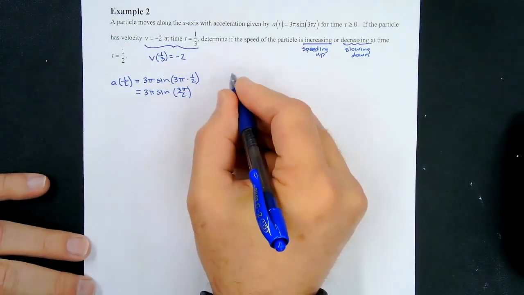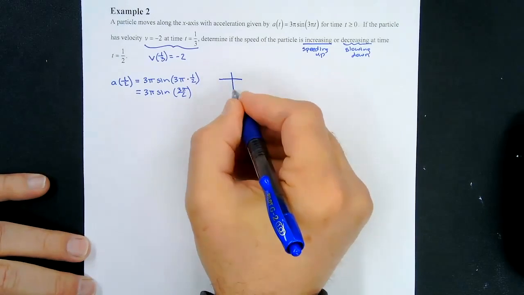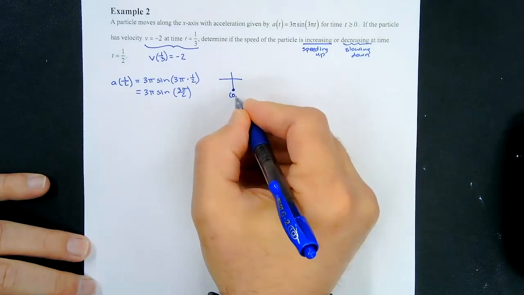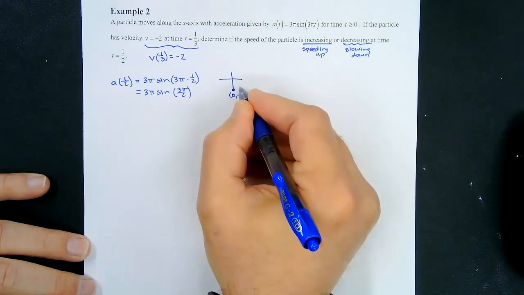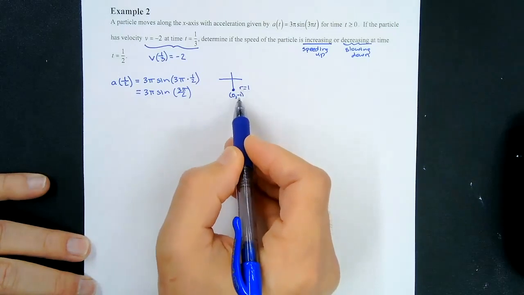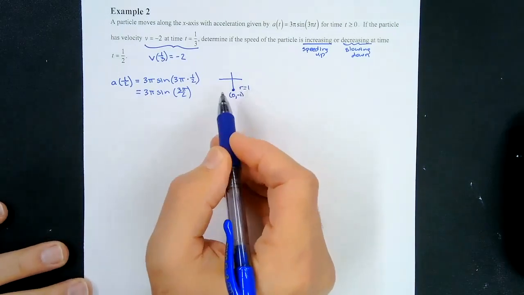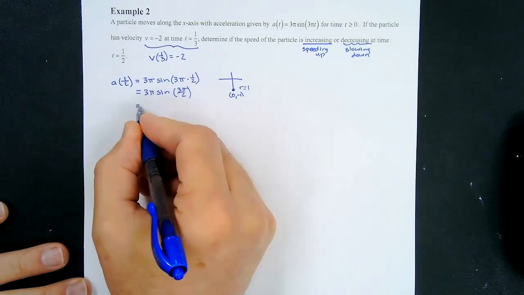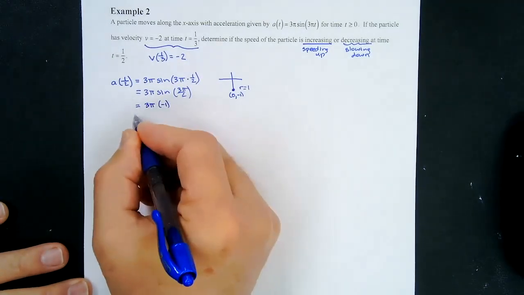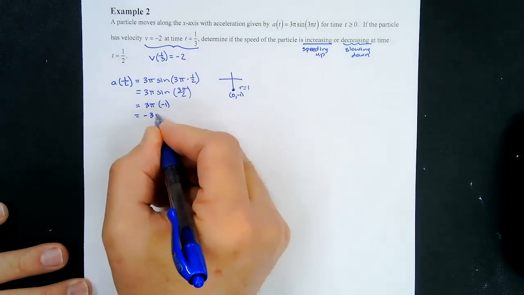Well, where is 3 pi over 2? Well, if you recall, it's the negative y-axis right here. Okay, so right there, our x is 0, our y is going to be -1, and our r is going to be 1. And the sine ratio is y over r, so this is going to be -1 over 1, which is going to be -1. So this gives us 3 pi times -1, or -3 pi.